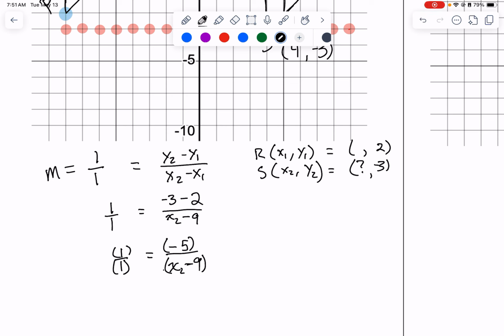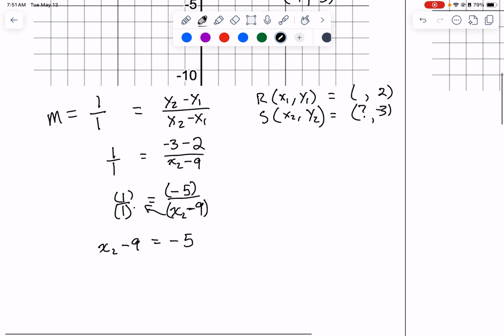So if I multiply, I'll have x2 minus 9 on the left side, and on the right side, I'll have 1 times -5. And then finally, to get this number all by itself, I add 9 to both sides, and I would figure out that x2 equals 4.